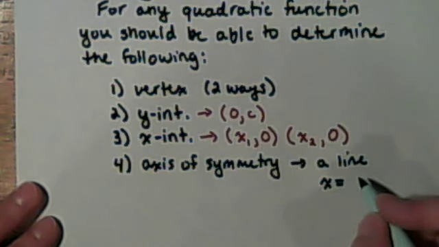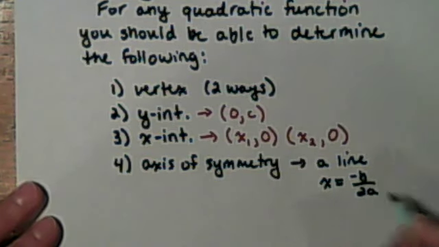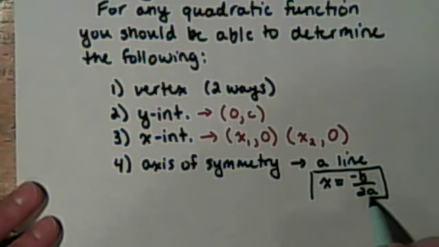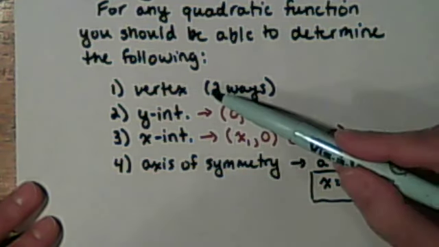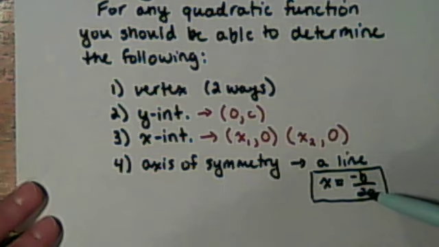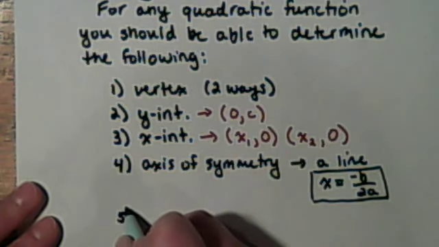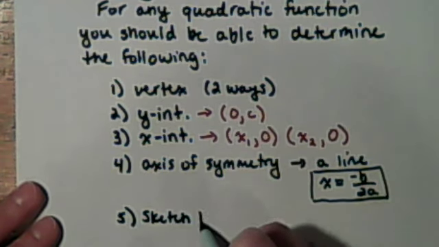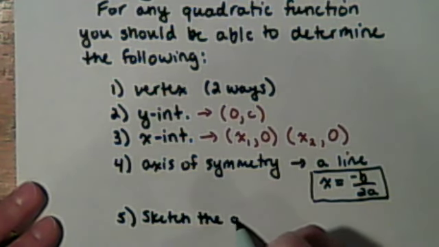So x is equal to, and it's the same value as the x coordinate of the vertex, because this line always does go through the vertex. So this little formula that we talked about with the vertex a few minutes ago also works to find the axis of symmetry. And finally, you should be able to sketch the graph of any quadratic function that I give you.